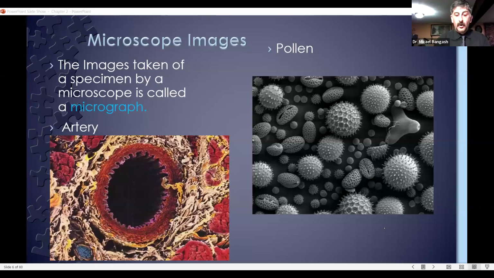Now, let's distinguish what a light microscope versus an electron microscope is going to look like.